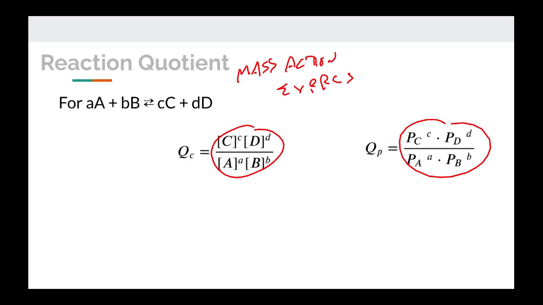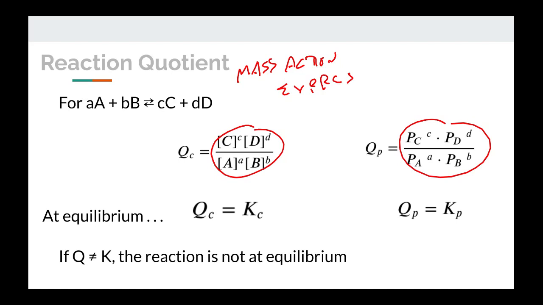The difference is that K is for these concentrations or pressures when they're at equilibrium. But Q doesn't have to be at equilibrium. At equilibrium, however, Q equals K. So that means if Q isn't K, the reaction is not at equilibrium. And we can also get some clues about what's going to happen to the reaction by looking at how big Q is compared with K.